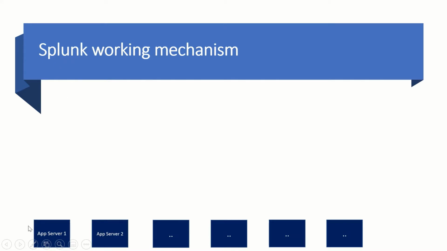There we install a small component called the UF, the universal forwarder. It's a lightweight agent. It does not have any GUI or anything. We just need to configure it from the backend and get the data to the next component of Splunk.